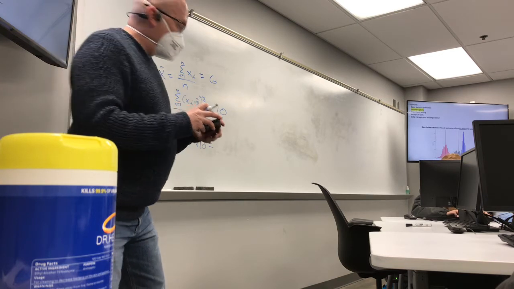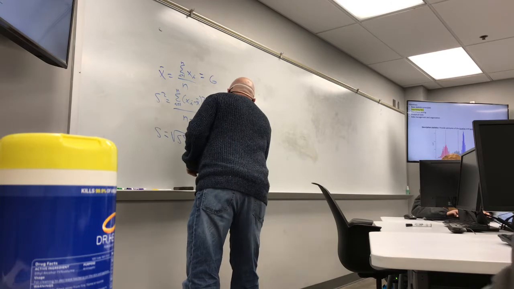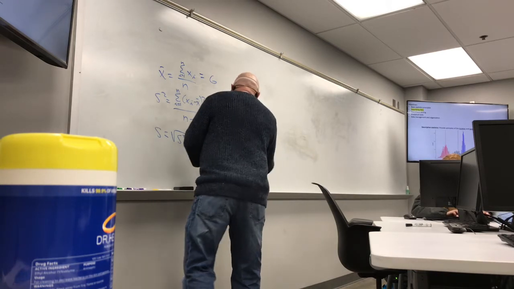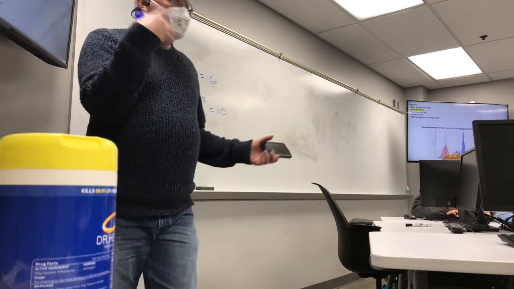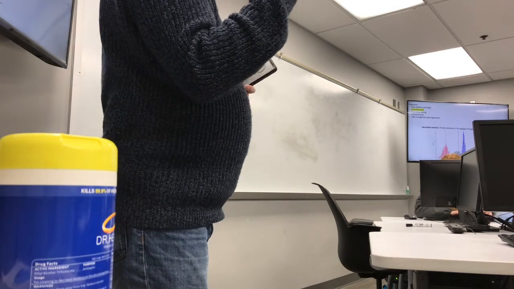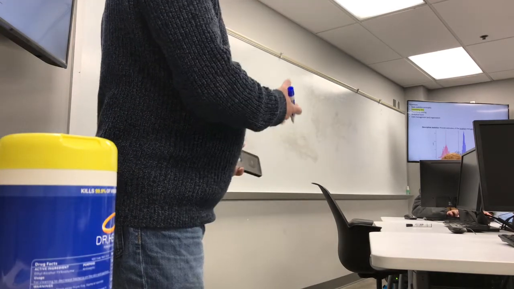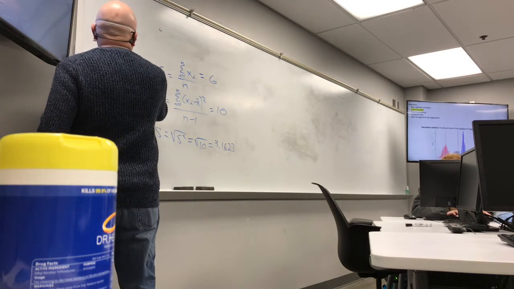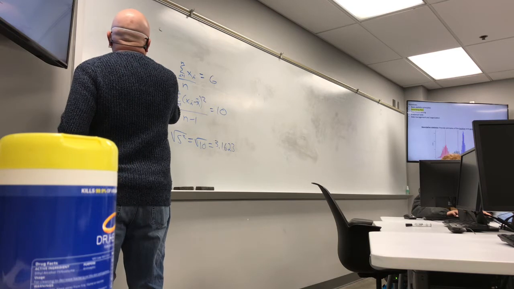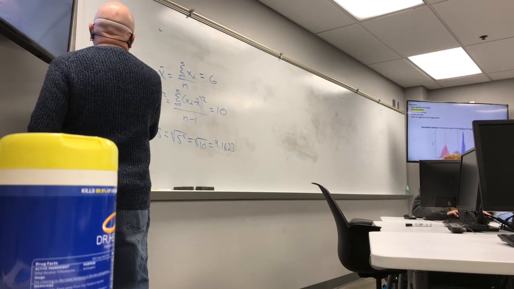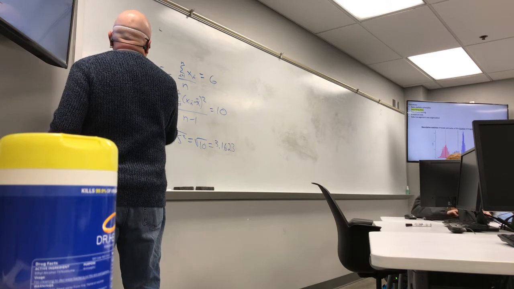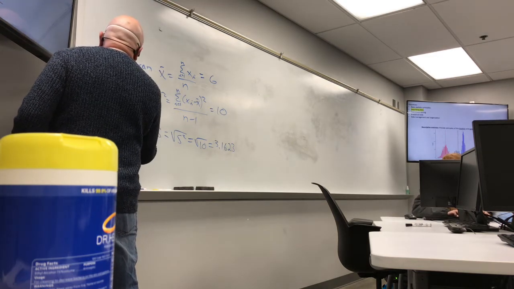Square root of 10 is 3.1623. Nothing mysterious about standard deviation. This is the sample mean. Sample variance. Sample standard deviation.